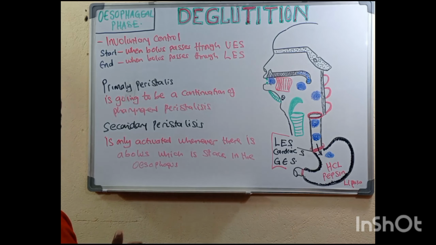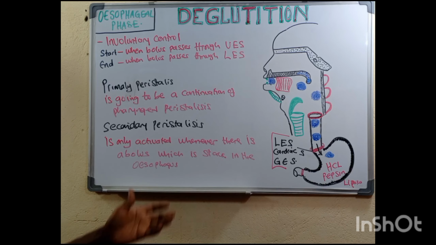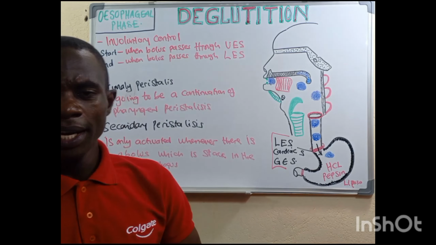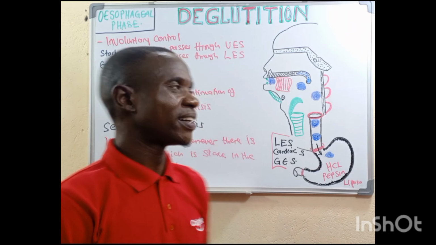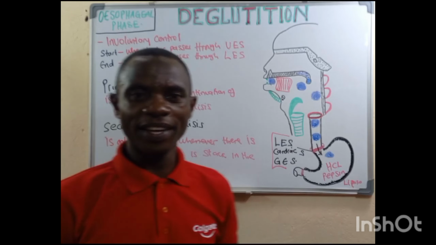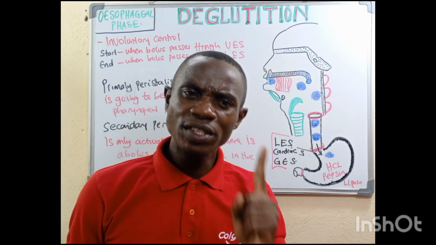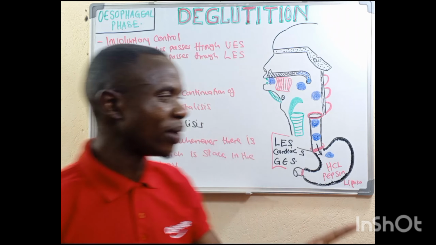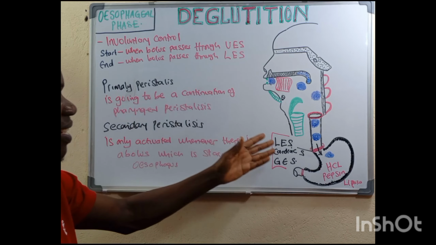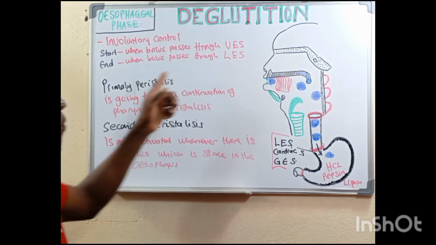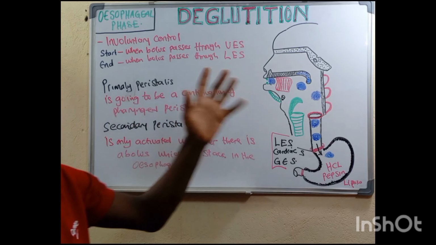Okay, so now this briefly covers the esophageal phase of the deglutition. And the most important thing to note here is that we're going to be having the primary peristalsis, which is a continuation of the pharyngeal peristalsis.